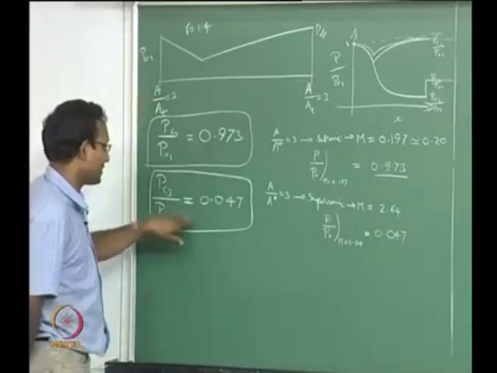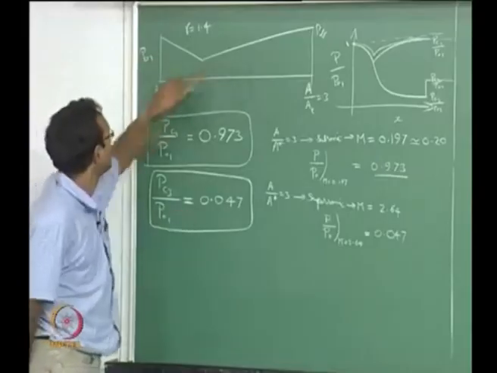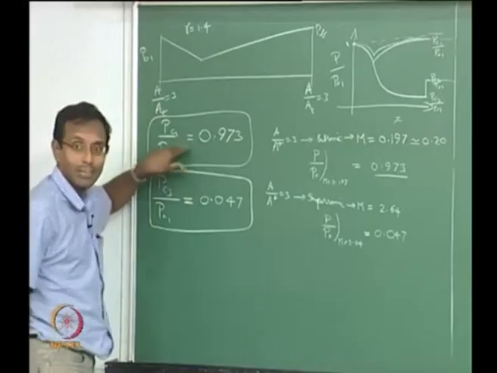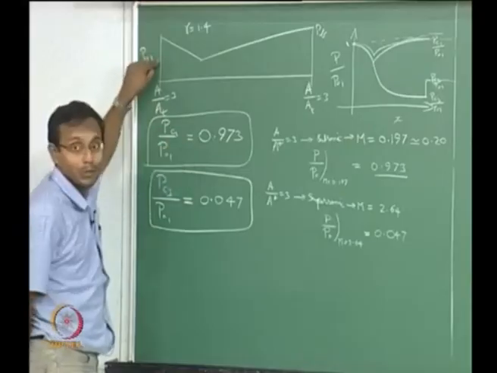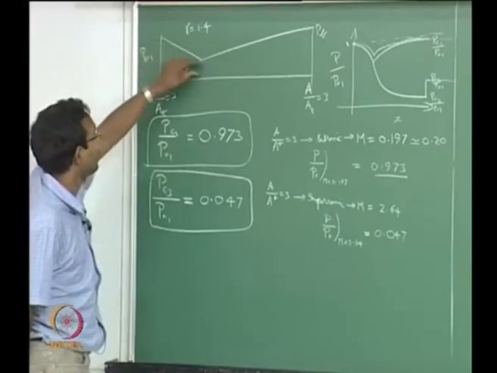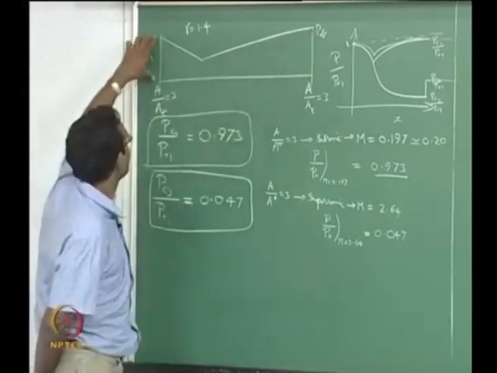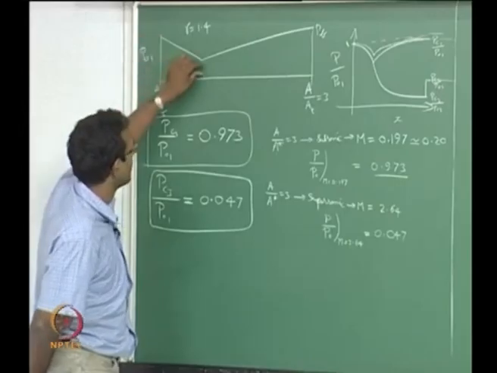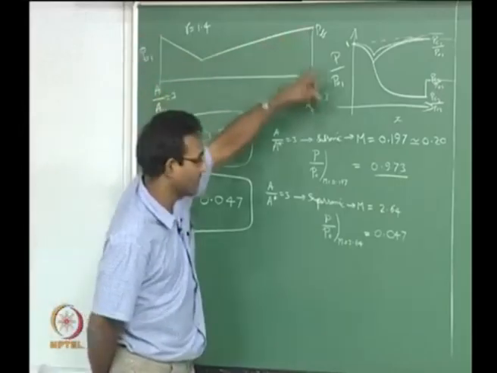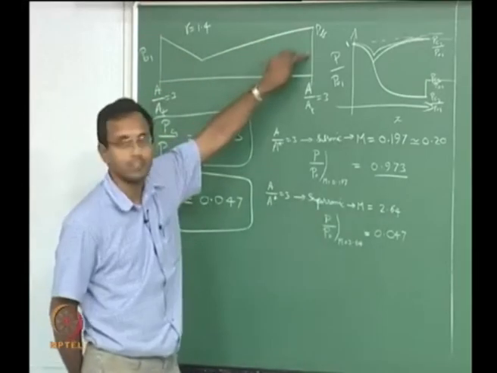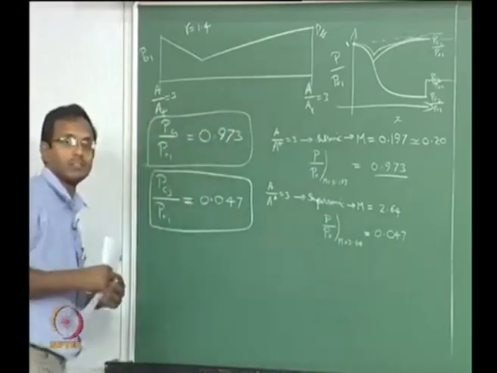When I am in this condition, it is going to be 0.2. Even when I am at critical 1, it is also going to be 0.2. It goes from 0.2 to 1 and then decreases back to 0.2 if it is critical pressure 1. Otherwise, it is going to go from 0.2 to 1, and from 1 it is going to increase to 2.64 at the exit, depending on the conditions.